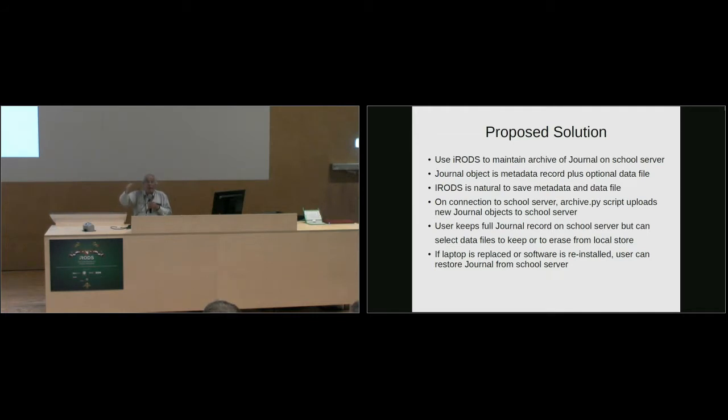If they click it again, then when the script goes through, it will go up to the backup store on the school server and download that file. So this way, the user has real control over how the very limited space in their machine is being used. And if for some reason the laptop goes bad, or they need to get a different one, they can then download all of their journal from the school server onto their new machine, which they can't do now.